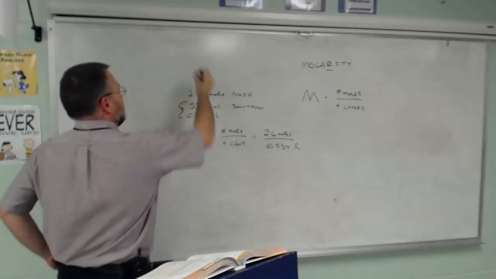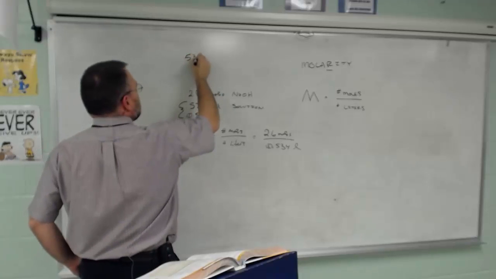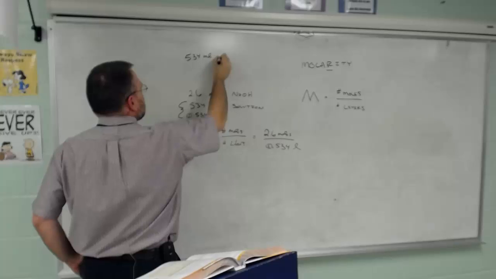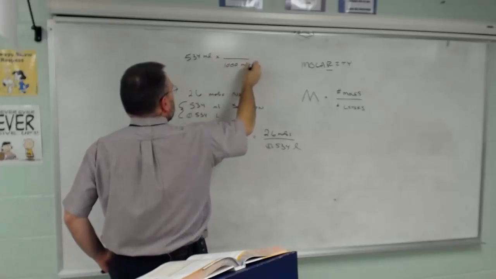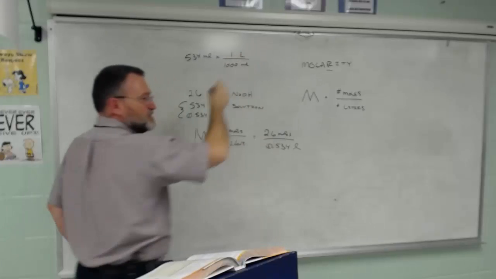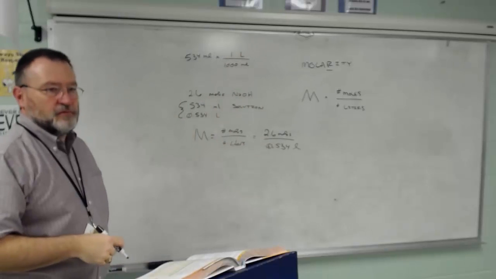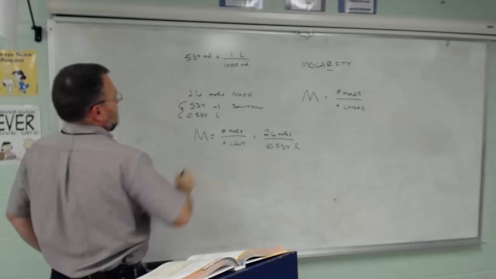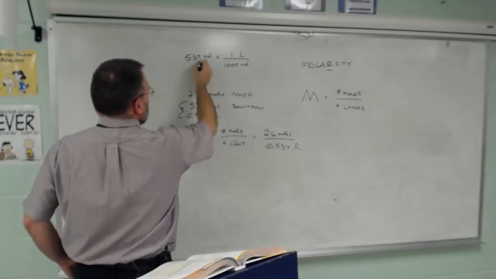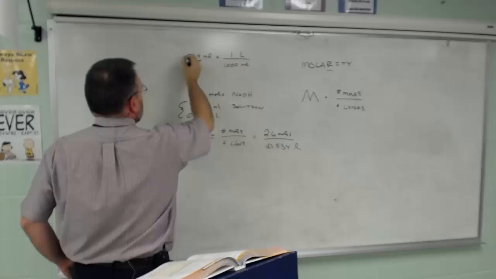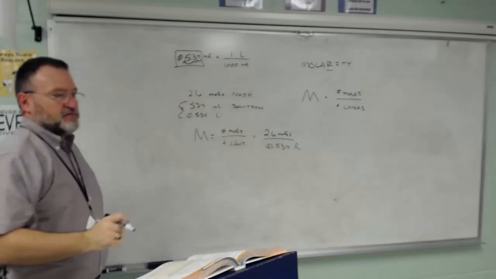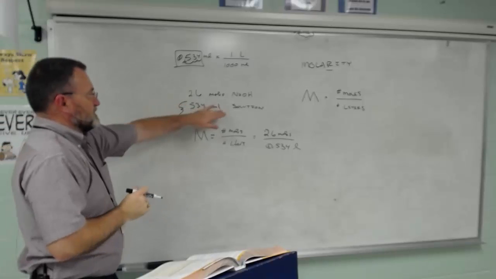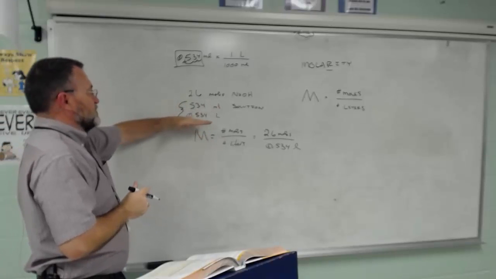You could have said, okay, I've got 534 milliliters times 1,000 milliliters is equal to 1 liter. So I take my milliliters, I divide it by 1,000, 1, 2, 3. That's it rewritten as liters. So 534 milliliters is equal to 0.534 liters.